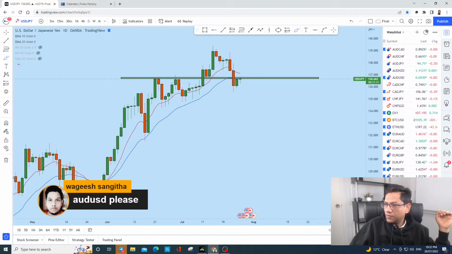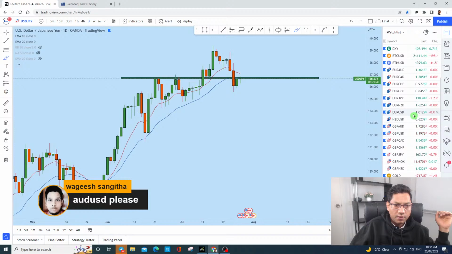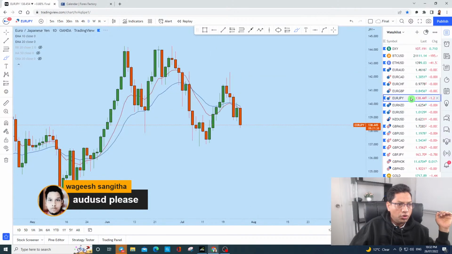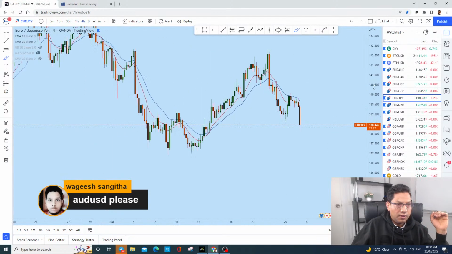Okay, so let's look at Euro-JPY. This one is really nice now, because Euro is getting very weak, and Euro-JPY is forming bearish price action.